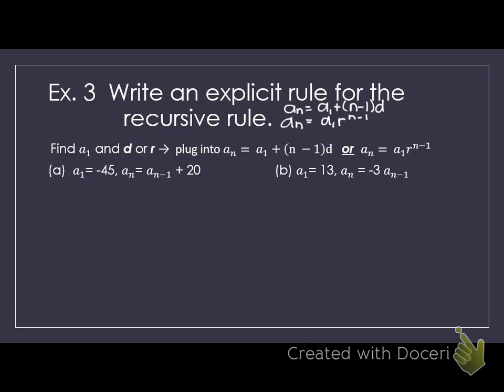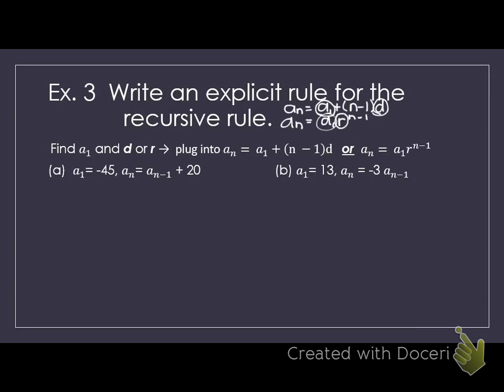So looking at the arithmetic rule, what are the 2 pieces of information we need to plug into that formula? We need a sub 1 and we need d if we're going to write the arithmetic explicit rule. What 2 things do we need if we're going to write the geometric rule? The r and the a sub 1 again.